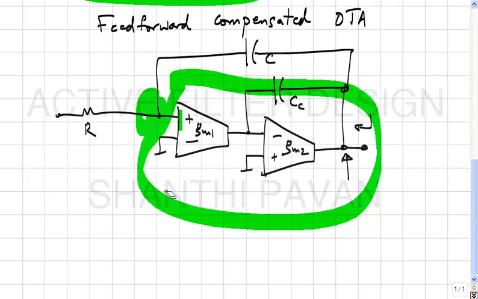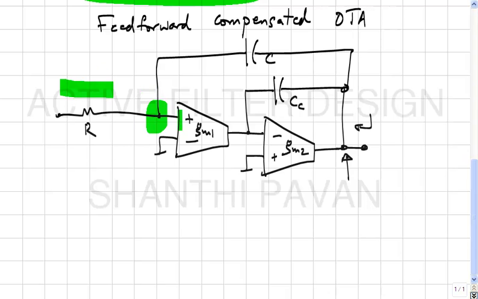In which case, the current flowing here would be VI by R, which means that all that current has to go into the integrating capacitance C, which means that the voltage across the capacitance would be an integral of the input current, right.